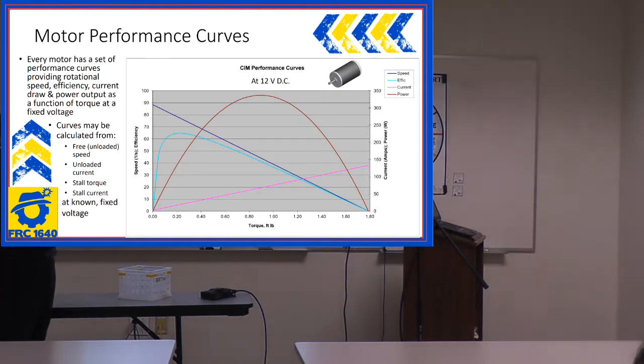That's where the purple line hits the axis. On the other end, you have two numbers at stall torque: the current at stall torque, and the stall torque itself.